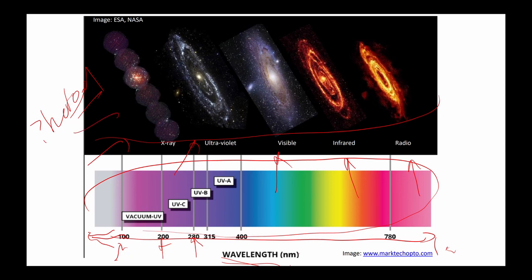If you were able to see x-rays, this entire world would look different. If your eyes were sensitive to UV light only, not the visible range, the galaxies would look like this.